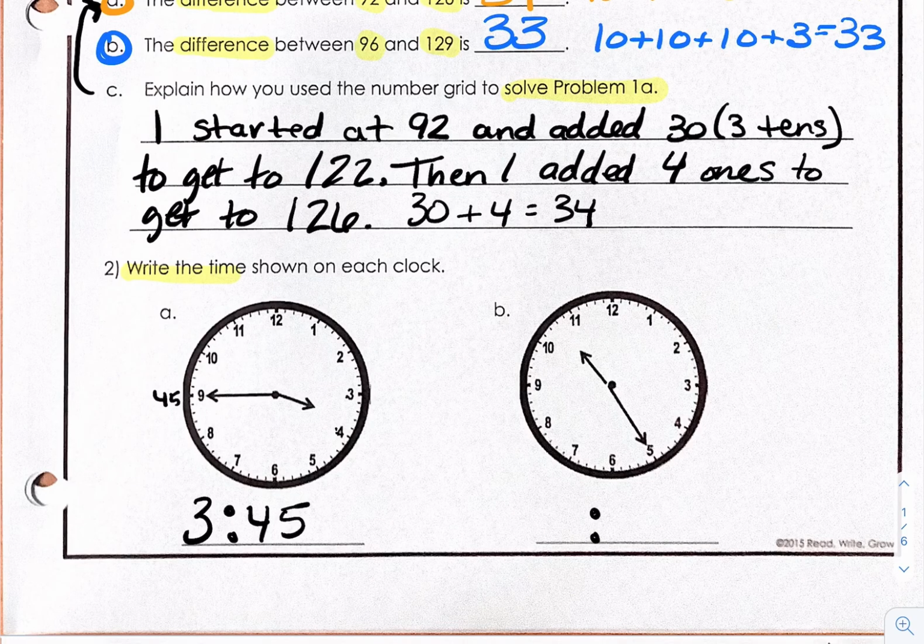Clock B is showing 10:25. The hour hand is between the 10 and the 11, so it's not quite, so it has to be in the hour of 10. And the minute hand is on the 5, which stands for 25 minutes.